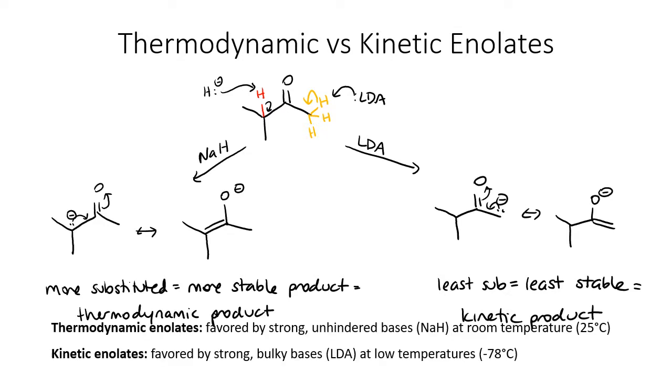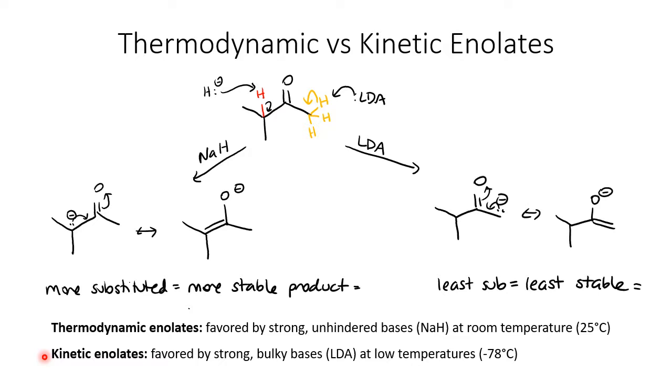So in summary, I'll go ahead and erase this here. Thermodynamic enolates are favored by strong, unhindered bases, such as sodium hydride. Now, because we need a higher temperature and heat to push this reaction to completion, we're going to run these reactions at a higher temperature, at room temperature of around 25 degrees Celsius.